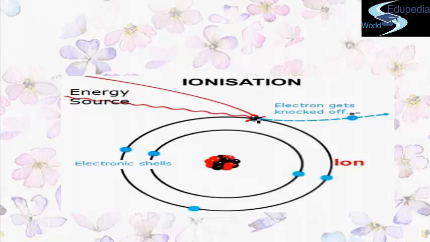When we have to extract one electron from the attractive force of the positively charged nucleus, some energy has to be supplied to overcome the strong attraction of the nucleus. When the electron is removed like this, the atom acquires one unit of positive charge and becomes a positive ion.